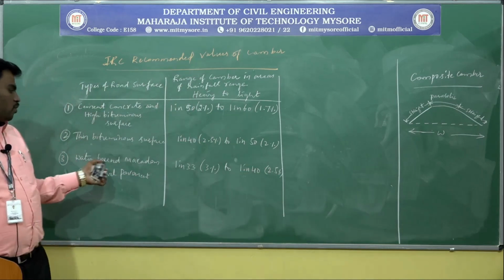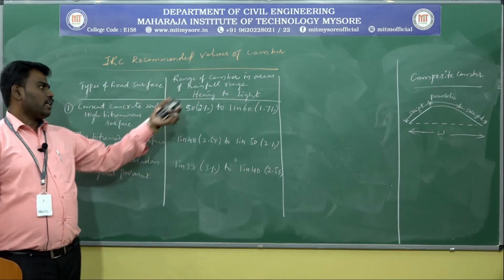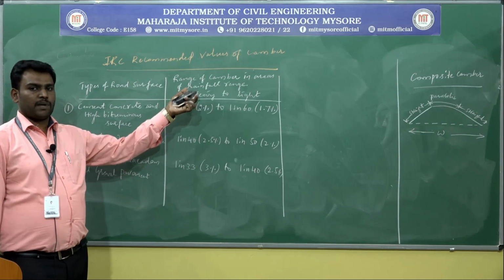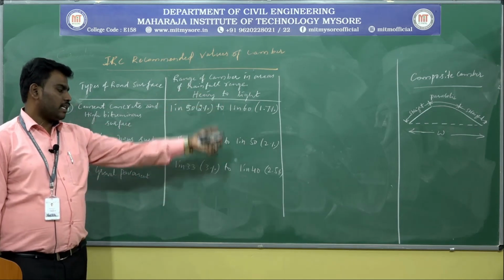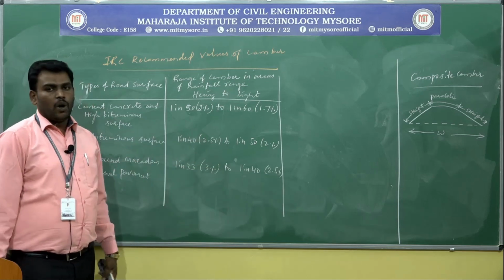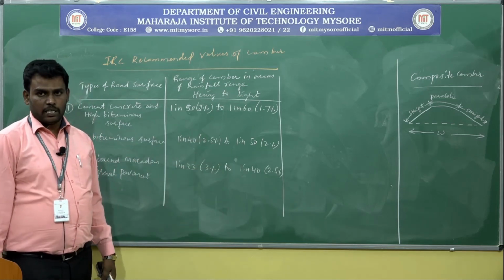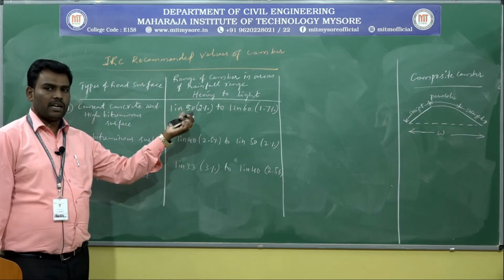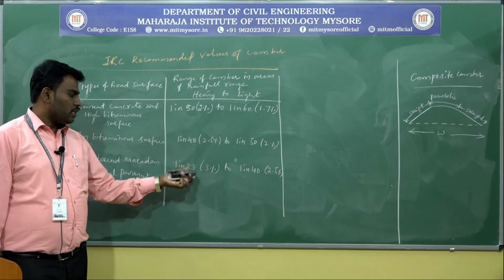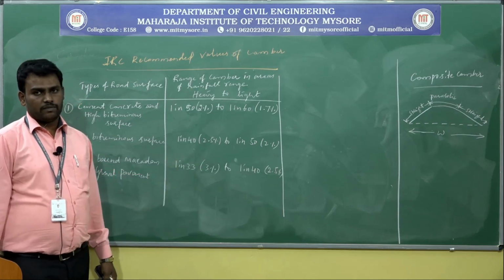For these, if the rainfall is heavy in the respective locality, we have to take 1 in 33. If the rainfall is light, you have to take 1 in 40. Is it clear? And if they are not mentioning anything about heavy or light rainfall, then you have to take the average of 1 in 33 to 1 in 40.